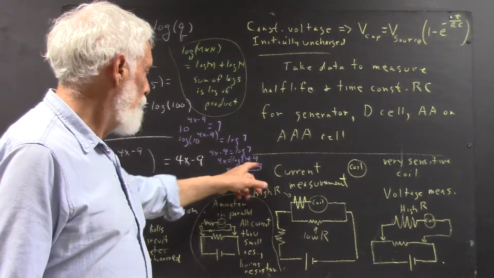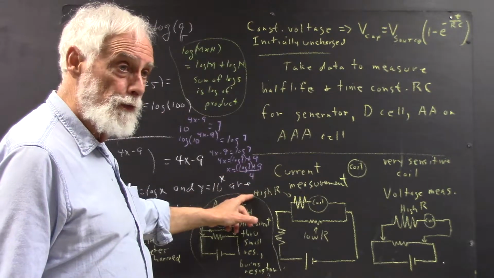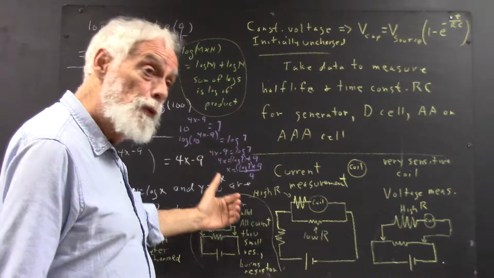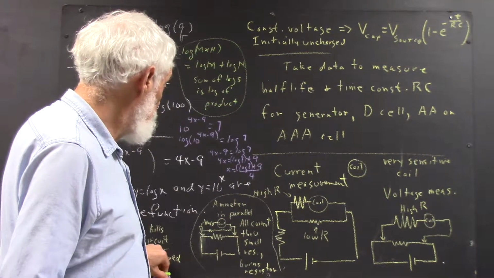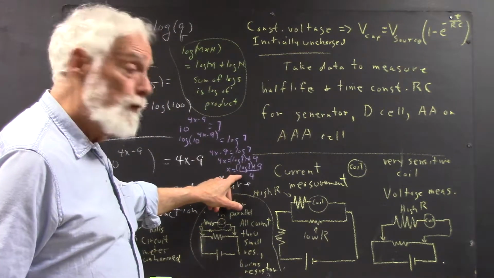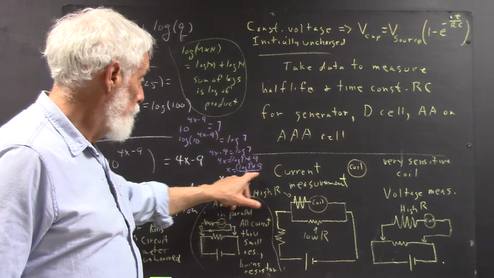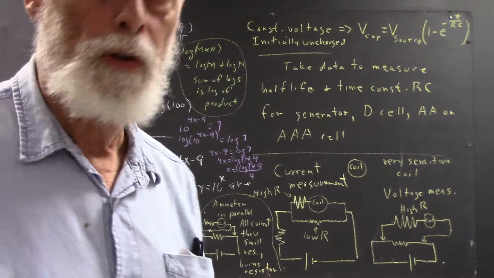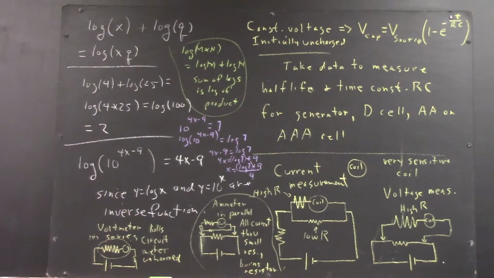So maybe that's 0.8 plus 9, 9.8 divided by 4. Okay? Maybe it's 0.9, maybe it's 9.9 divided by 4. You can get a pretty good estimate from a graph, but if you want a precise solution, you will go to your calculator. And you won't use your calculator to graph the log function, will you?